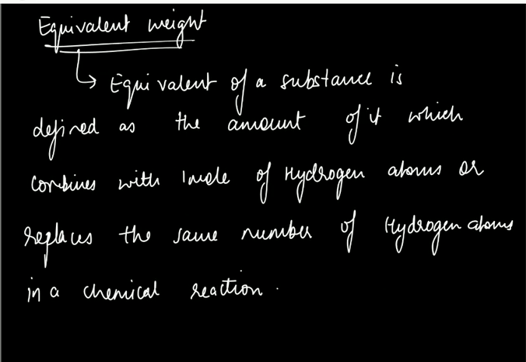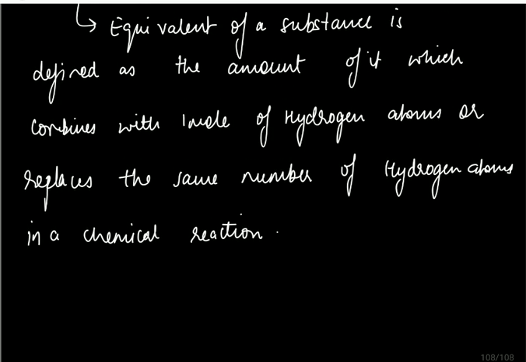Now, if we want to take an example, let's talk about HBr. We can even take water and ammonia, three examples because all three have hydrogen in them. In HBr, hydrogen is combining with 1 mole of bromine.